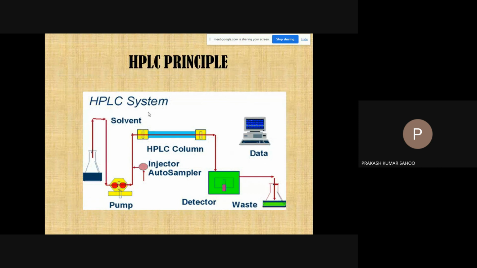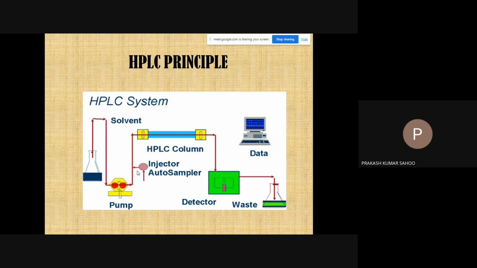So this is one schematic diagram of your HPLC. This is the solvent reservoir. Through this capillary tube the solvent flows, which is connected to a pump, and after pumping of the solvent from the reservoir chamber, it is pumped up to the column.